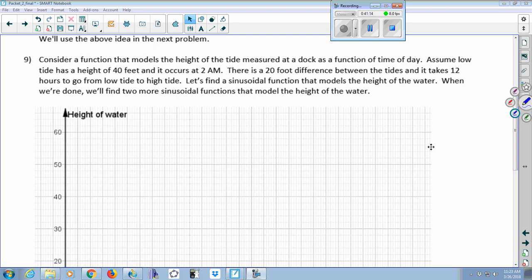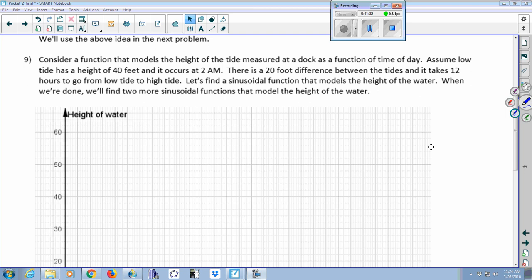Sinusoidal. It's fun to say it. Say it. Sinusoidal. Yeah.